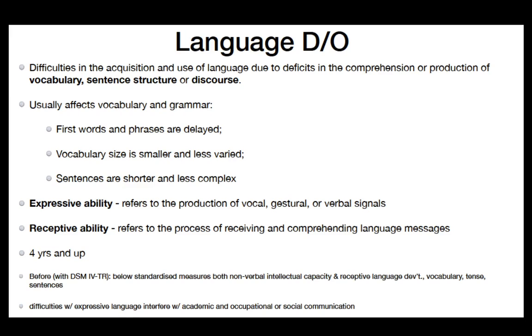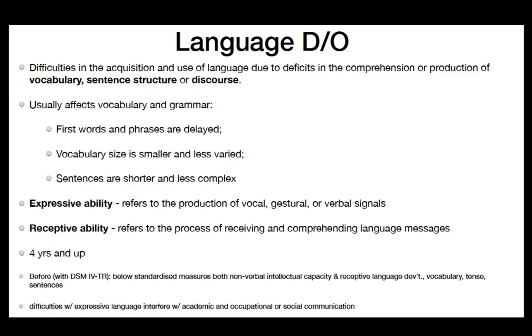These are the difficulties in the acquisition and the use of language due to the deficits in the comprehension or production of vocabulary, sentence structure, or discourse. Now, this statement is also our principal symptom.